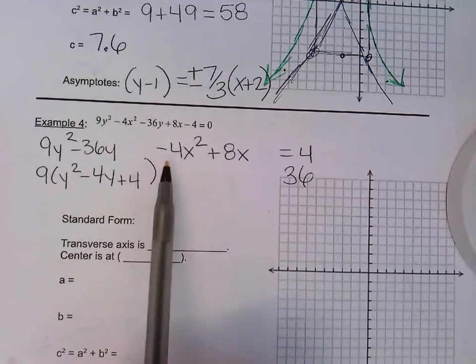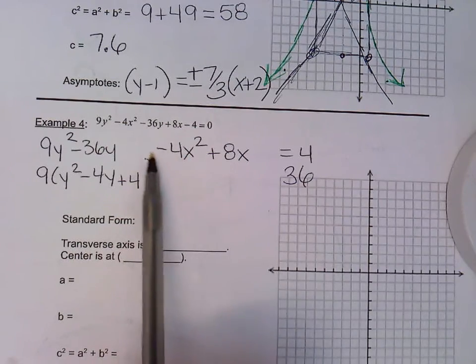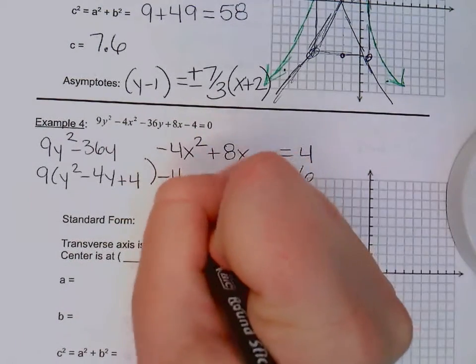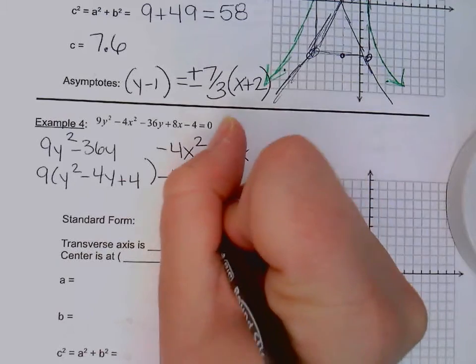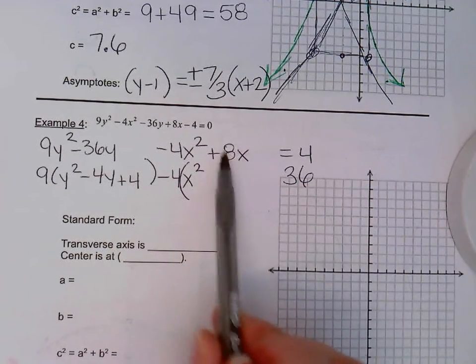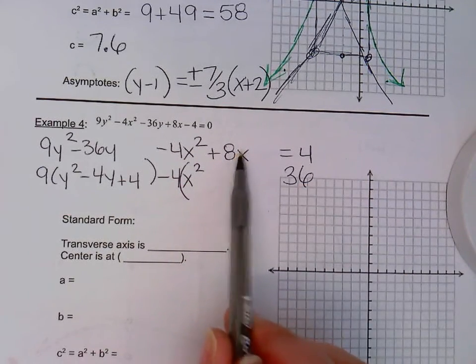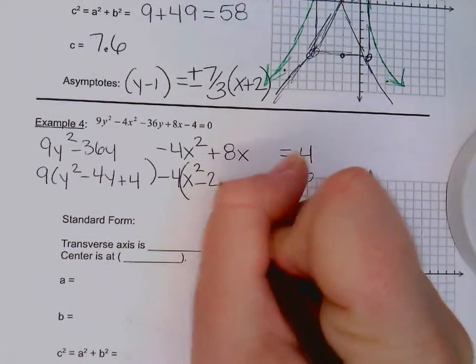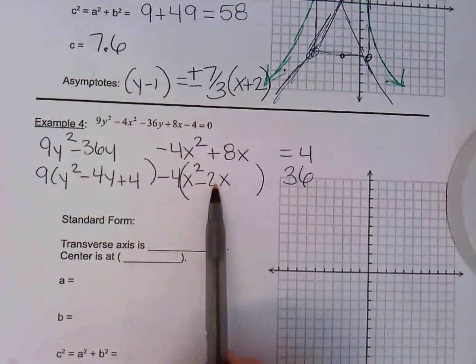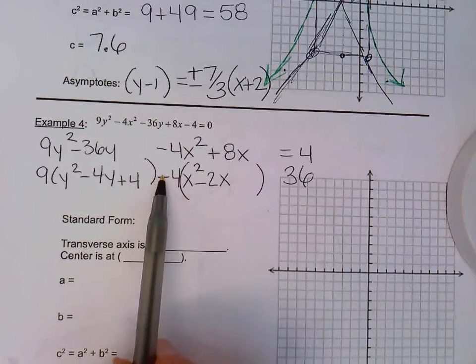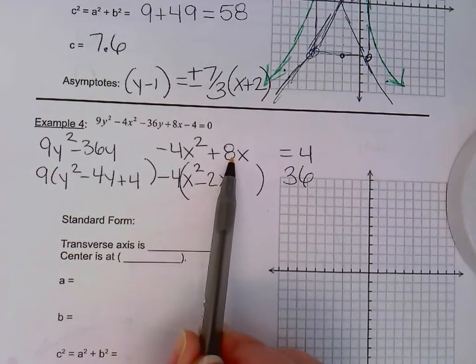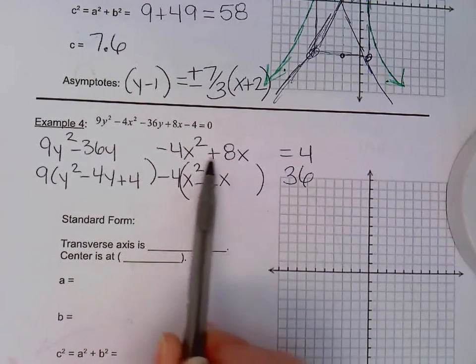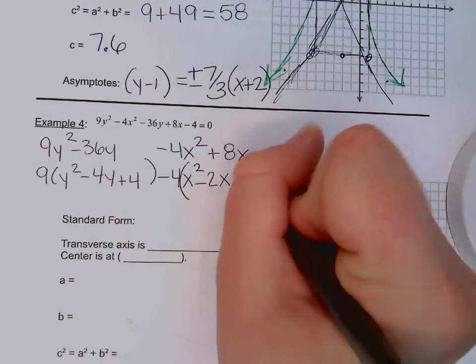A little bit tricky, but you've got to factor out this negative 4. So when you factor out negative 4x squared, if you take out negative 4 over here, you're going to get negative 2x. So I see students mess up with that negative sign, but negative 4 times negative 2 gives you positive 8. So it should be x squared minus 2x plus 1, right?